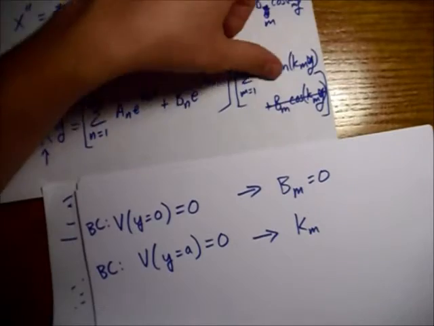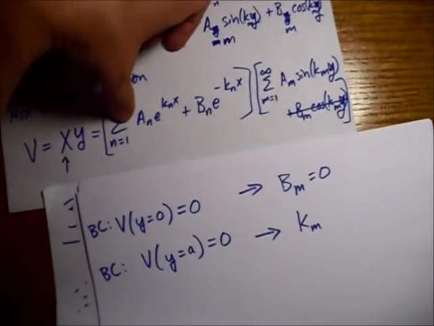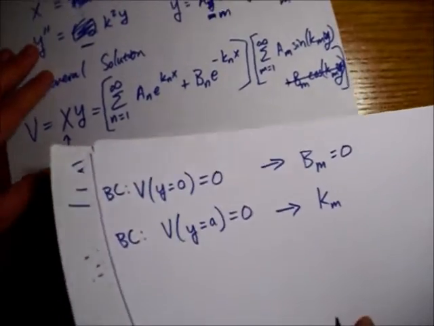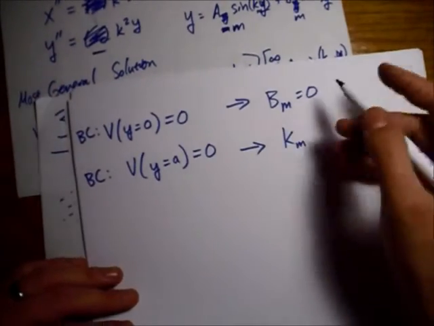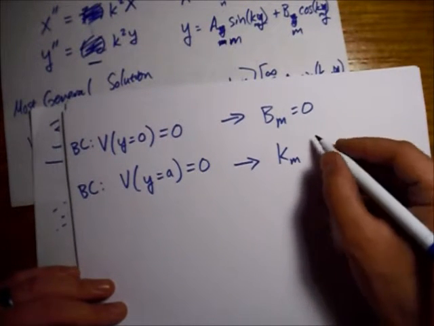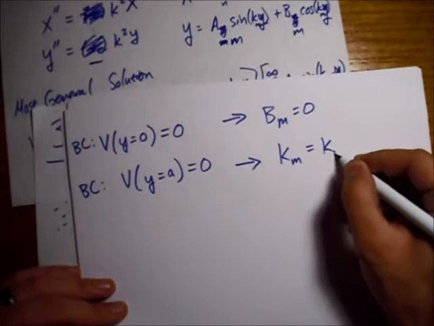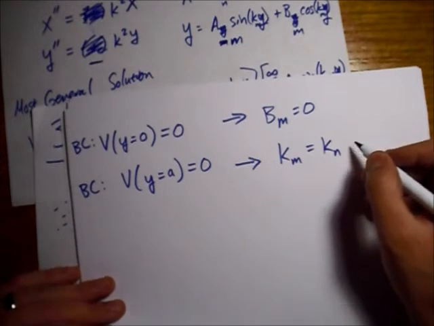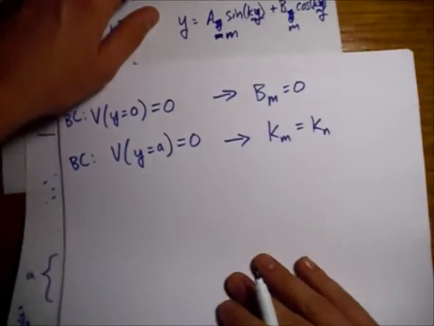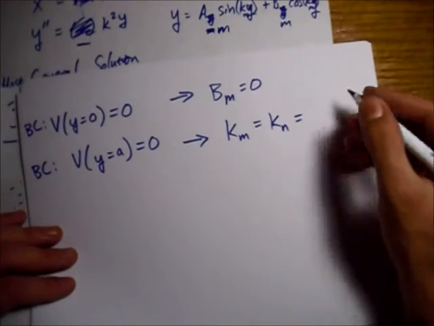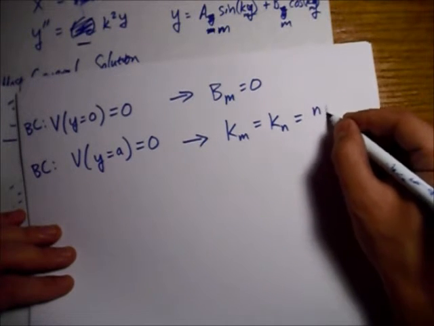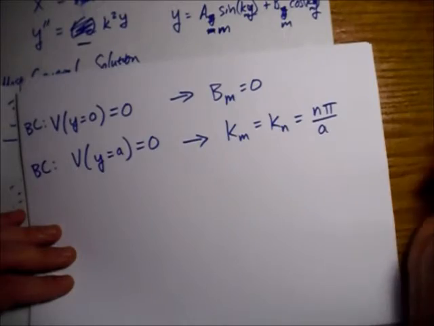So maybe I could have combined these and only used one index of n. We'll write it out again over and over, and we'll get it. I'm just going to write k sub m equals k sub n, right? Because these both came from the same constant, the same k. N or m, either one, pi over a.